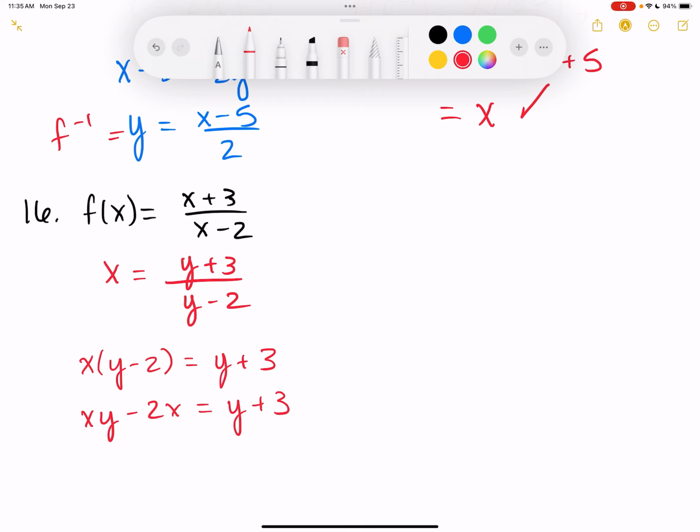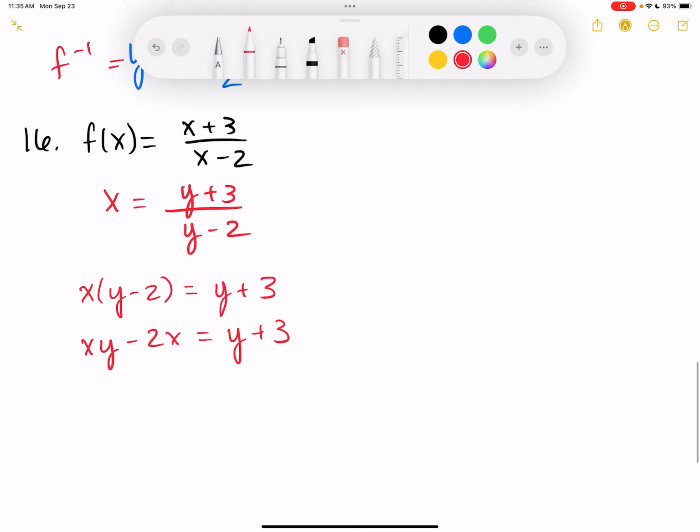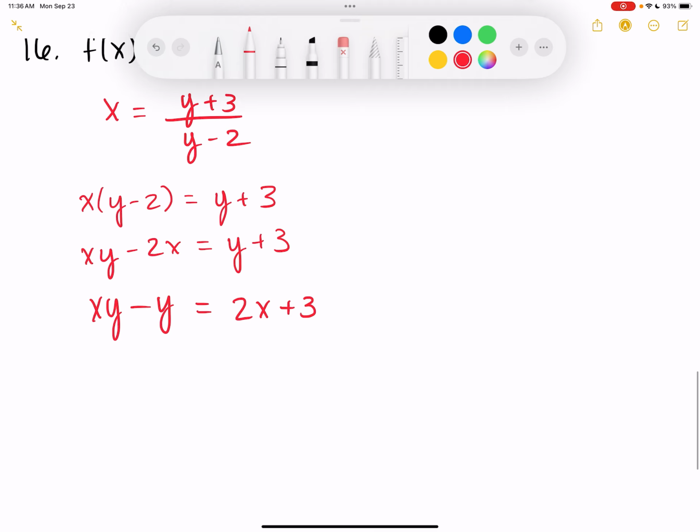So now at this point, what I need to do is get all the y's to one side and everything else to the other. So I'm going to bring this y over here, take this 2x over here. So x times y minus y equals 2x plus 3. Now, any ideas what I need to do to be able to get y by itself?